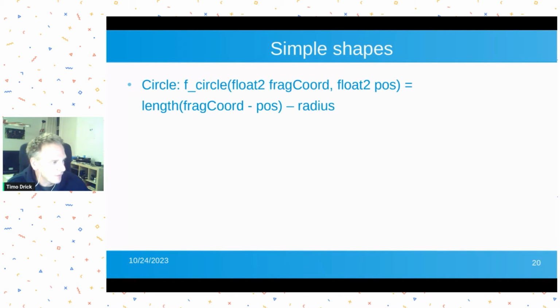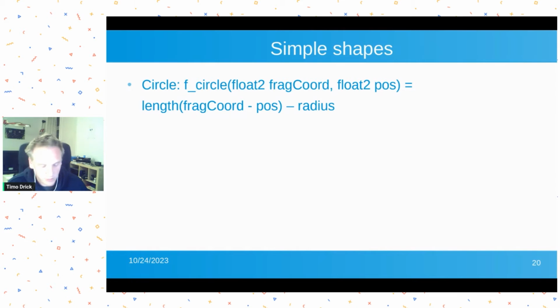So here's a function for a circle. In the case of a circle, it's very easy because I can just calculate the length of the vector from my current coordinate to the center of the circle.